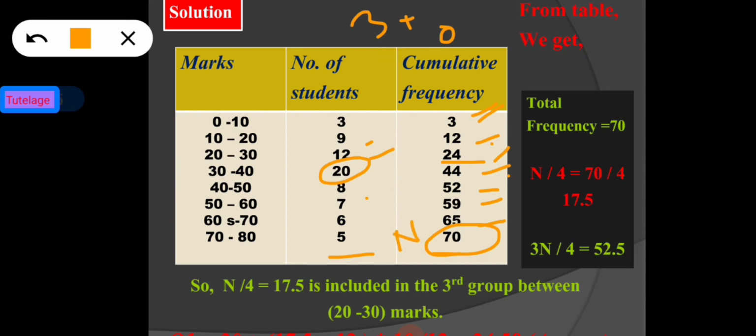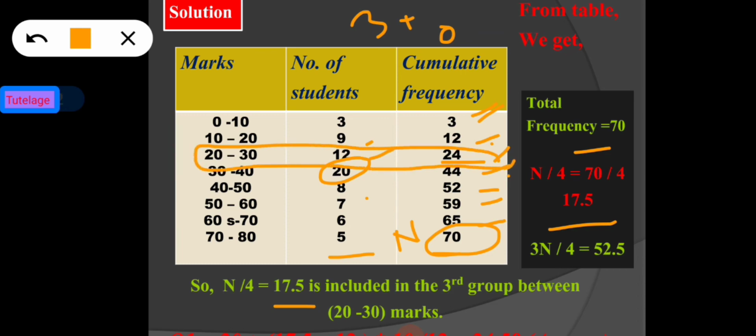So the first step is we have to find out n by 4 and 3n by 4 for calculation of Q1 and Q3. So n is equal to 70. So n by 4, that means 70 by 4, which is equal to 17.5. So 17.5 is included in which group? In the third group. Okay.